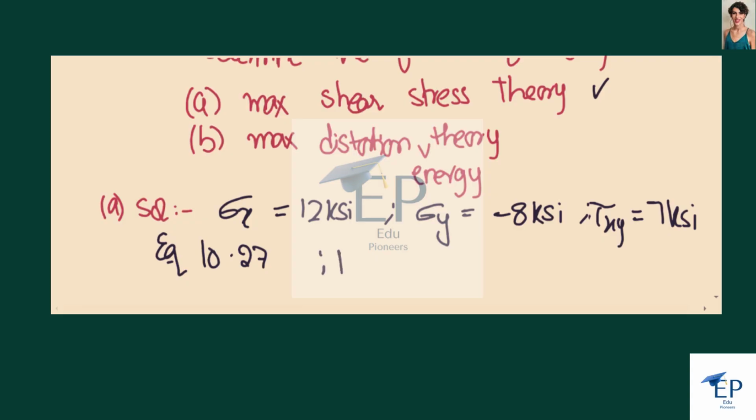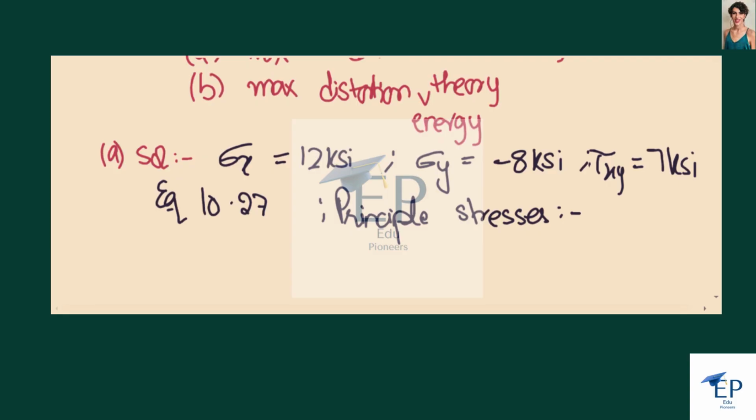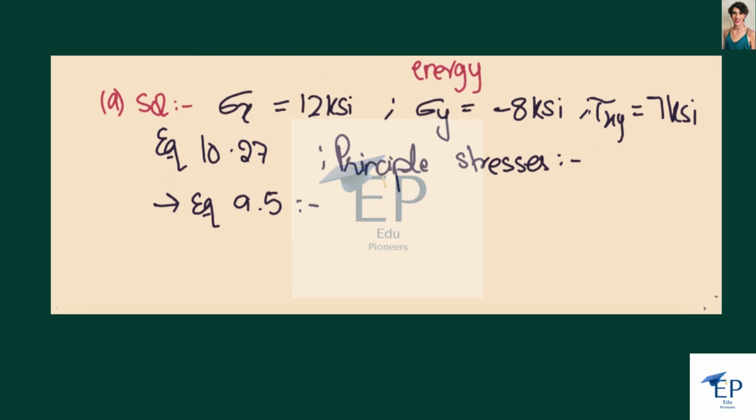Now, to determine the correct version of that equation for this case, first of all, we need to find out the principal stresses. To do so, we need to use equation 9.5. Let me write it over here.